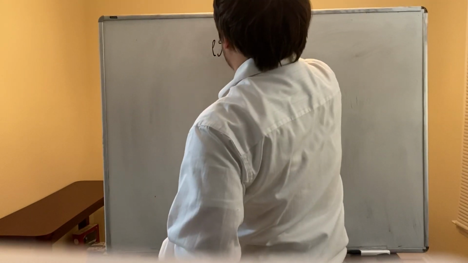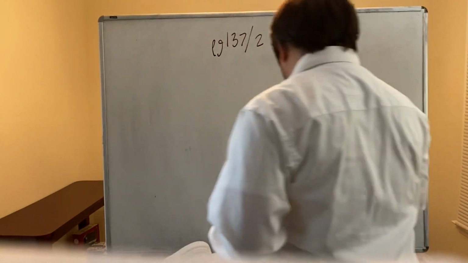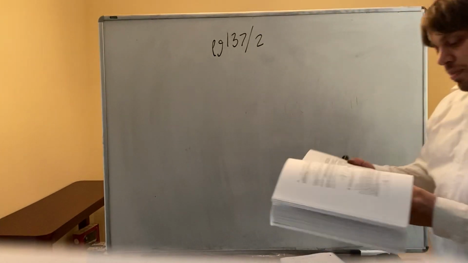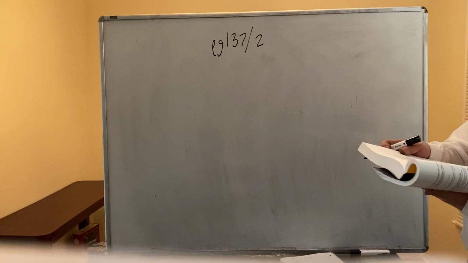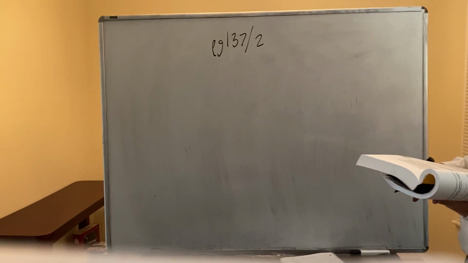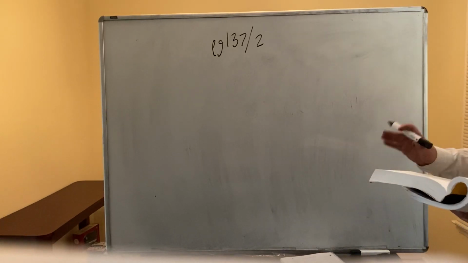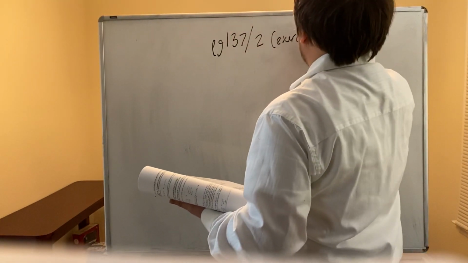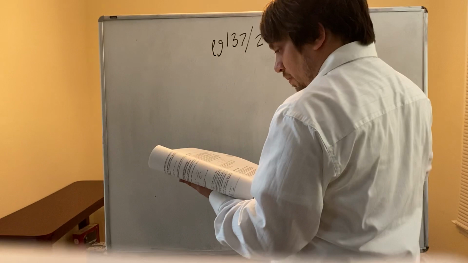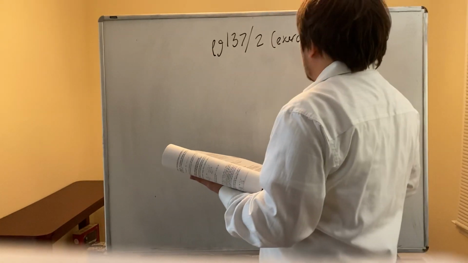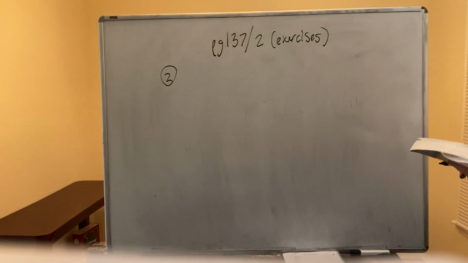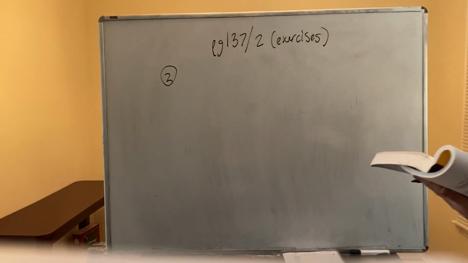So on page 137, number 2, we have this problem. This is an exercise, not supplementary exercises. Okay, so for number 2 in the exercises on that page, consider a throw of 2 dice.